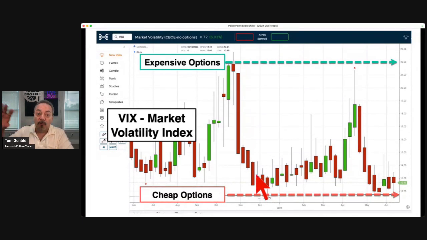Typically, the overall market's moving higher, and we're able to gauge where it is on the high side, where it is on the low side, and where it is right now. And that's the first step in starting to understand how options are cheap or expensive, not based on the physical price, but based on where the time premium of an option is and where it's been. We're able to actually gauge that.